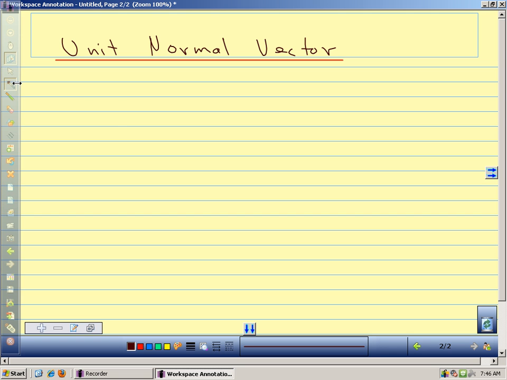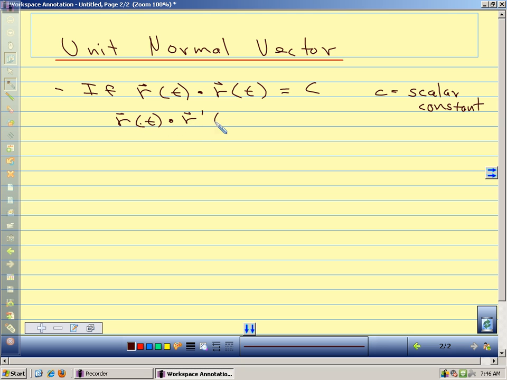That property was: if r of t dot r of t equals a constant, then r of t dot r prime of t equals 0.